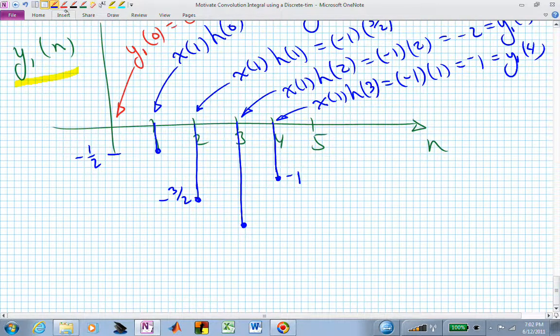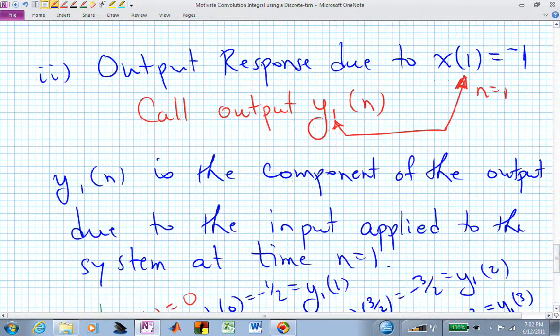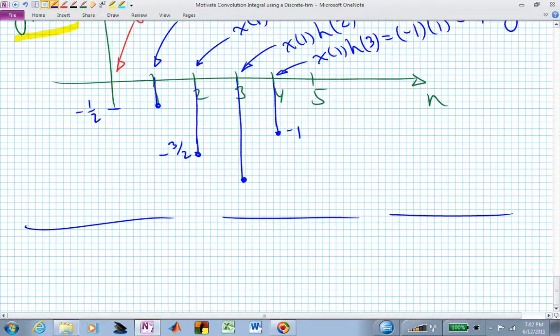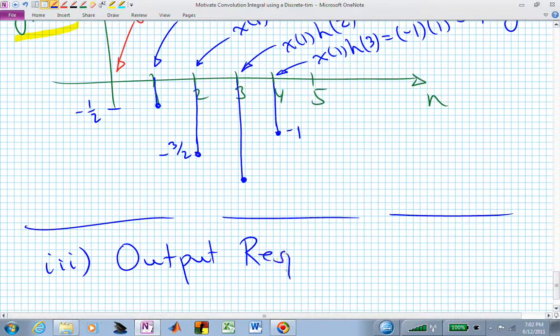We only have one non-zero term left in our input applied to the system of the 3 that we applied, and this is now going to be the output response of our system due to the input applied at time 2, which was actually 1.